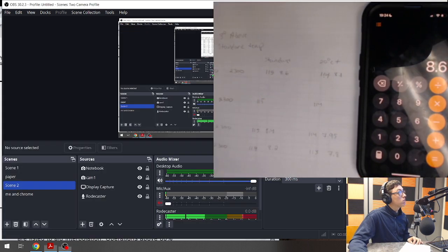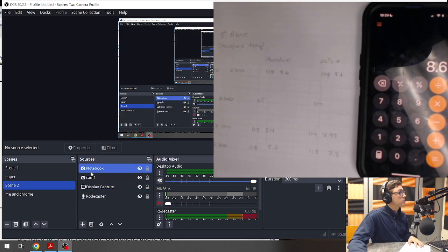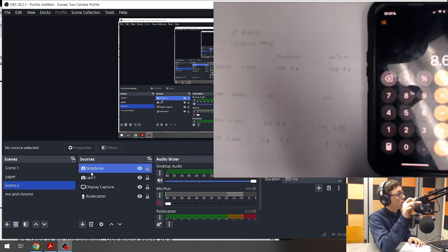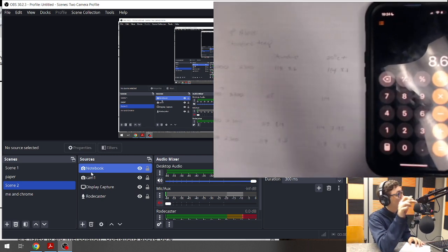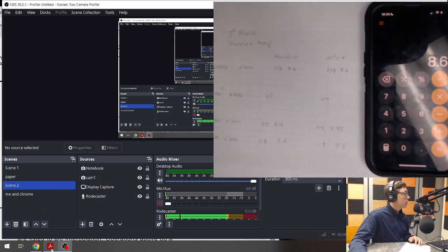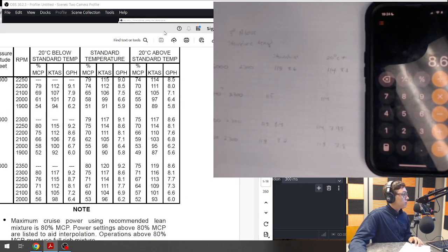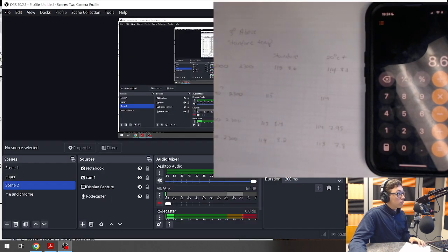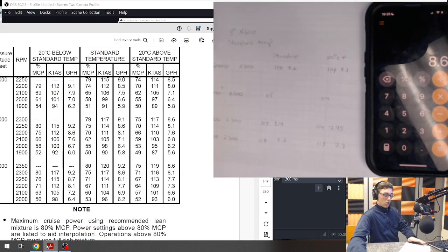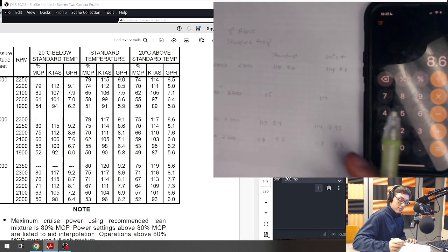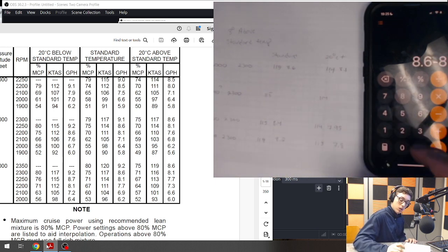So what I'm going to do is keep this value up here. I'm going to do 8.6 minus 8.4.